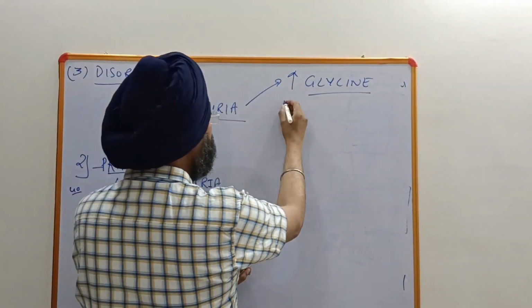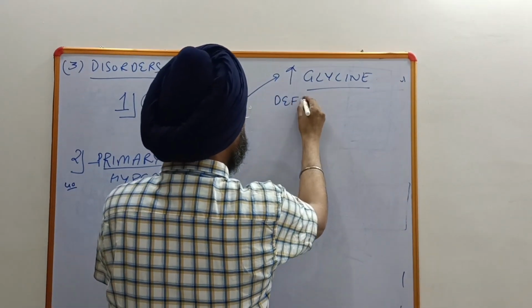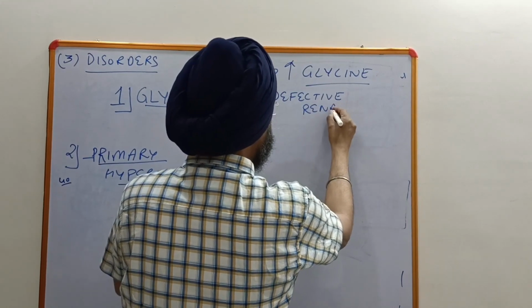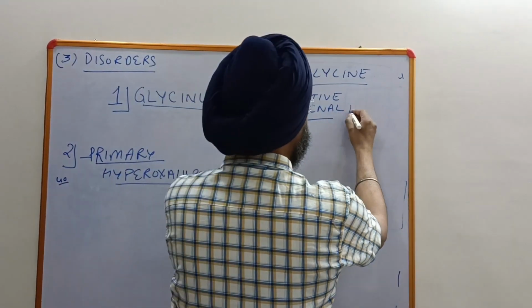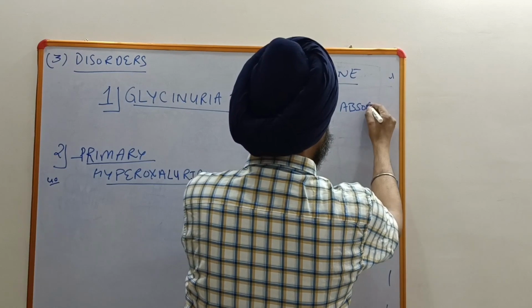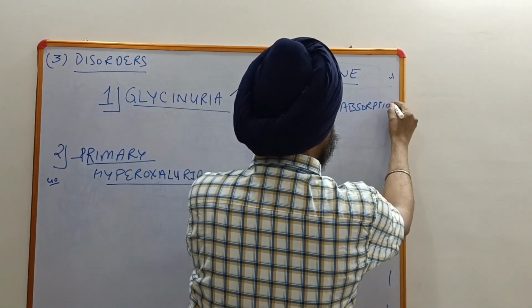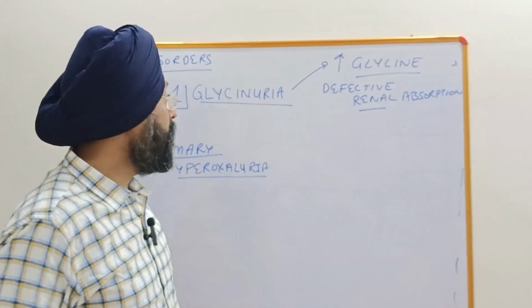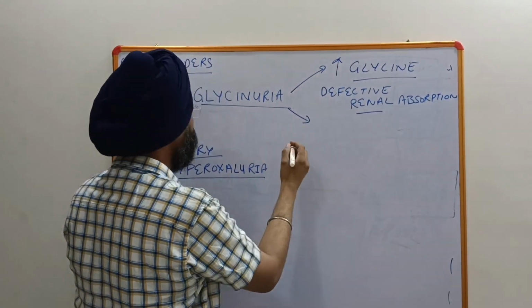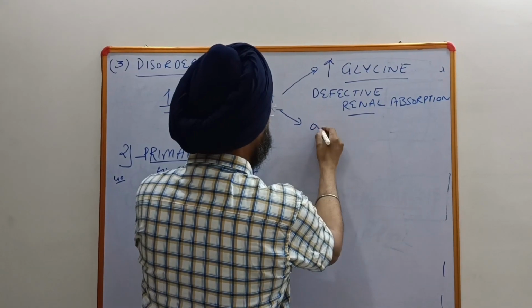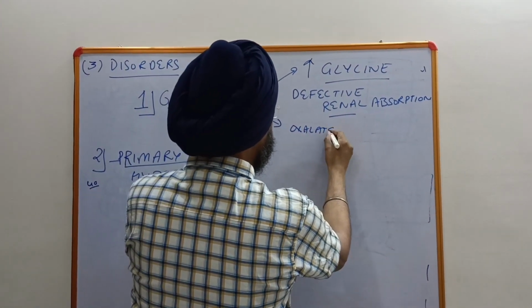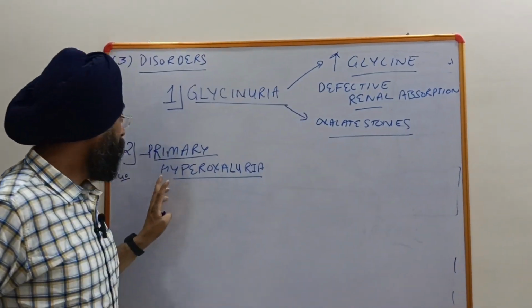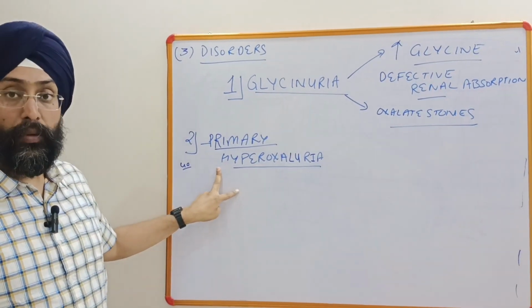The reason is defective renal absorption of glycine, so it will be excreted into urine. The patient will have a tendency to form oxalate stones.